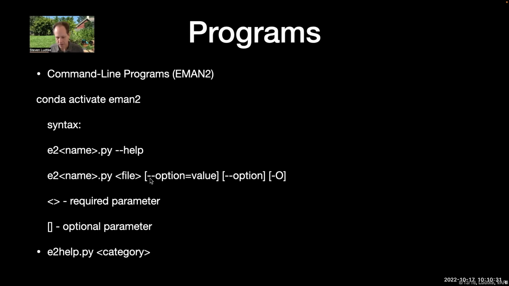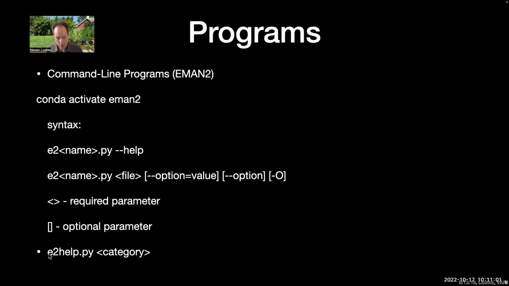Then it'll take options in the form of either --option=value, or --option if it doesn't take a value. And sometimes there are single letter variants, preceded by only a single dash, which are shortcuts for the full word options. Also, where there's an option and a value, you can replace the equal sign with a space, and that also works.